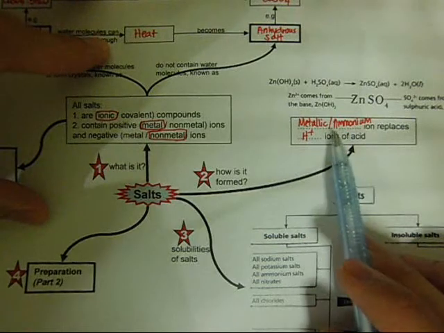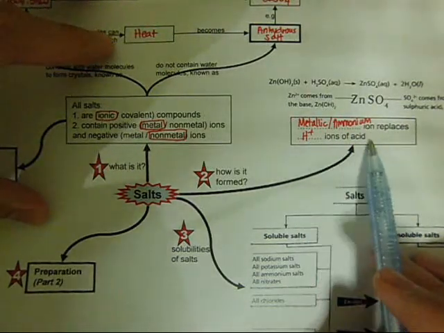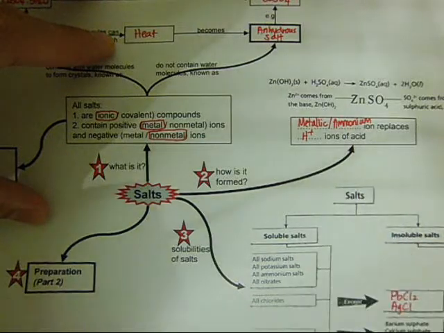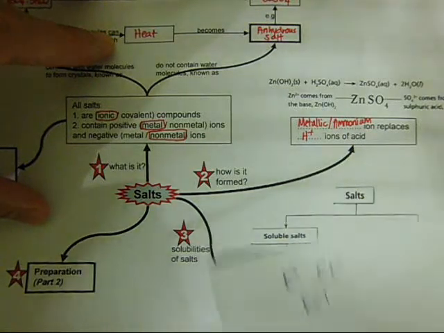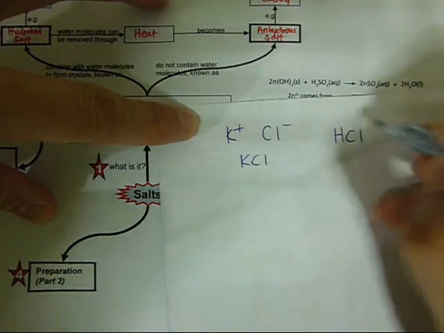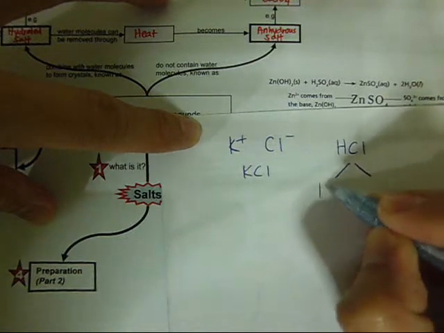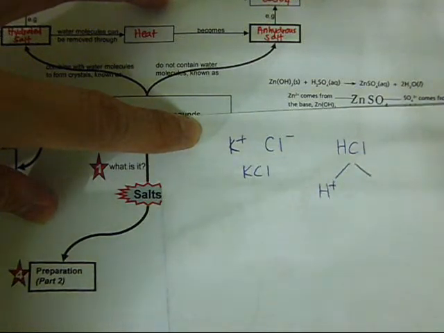Now, how is salt formed? Salt is formed when a metallic or ammonium ion replaces the H+ ions of an acid. So salt actually comes from an acid. For example, hydrochloric acid consists of hydrogen ion as well as chloride ion.